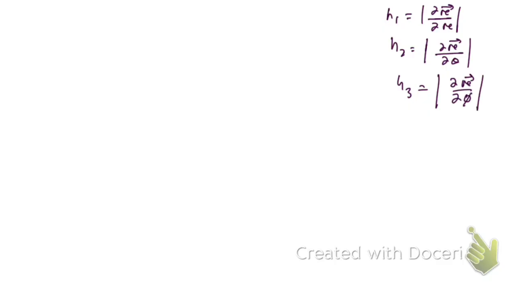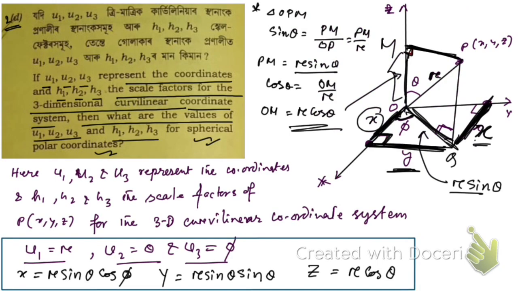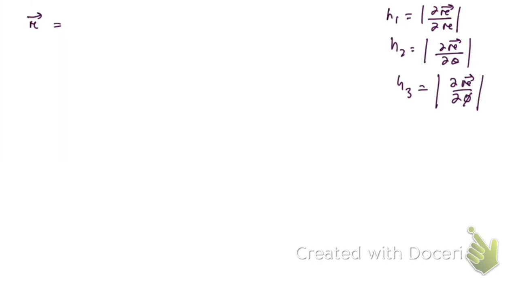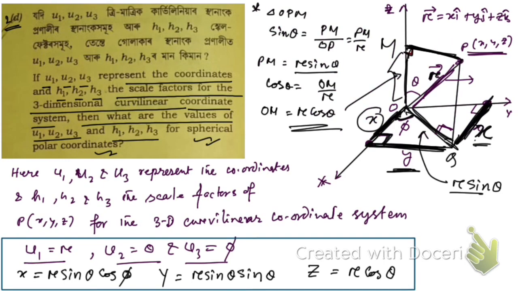Okay, first let me find what R is. R is nothing but the position vector of the point P. If its coordinate is x comma y comma z, then the position vector R will be given by x i cap plus y j cap plus z k cap, right? Hope you have understood this. Now let me use these spherical coordinates.